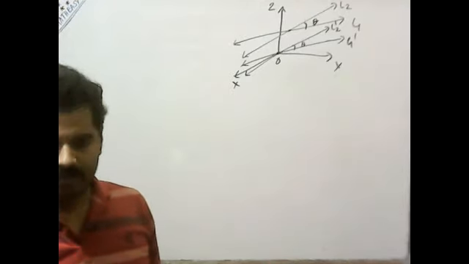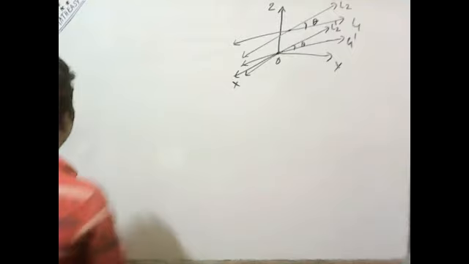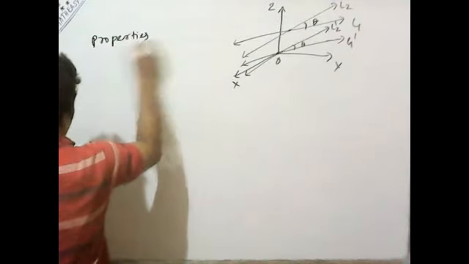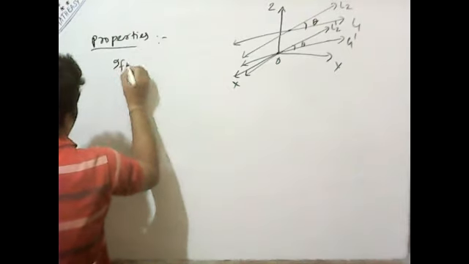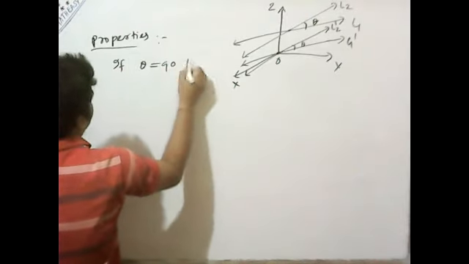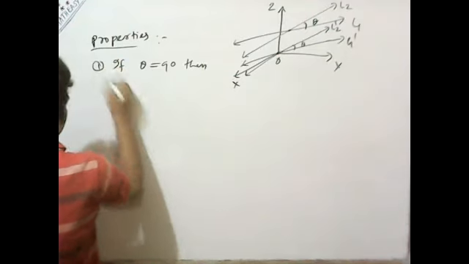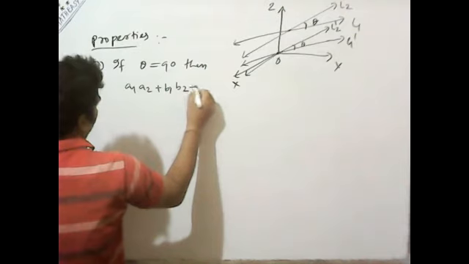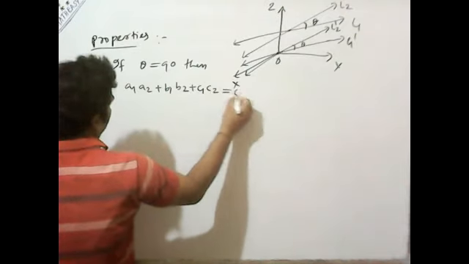Properties. If theta is 90 degrees, then A1 A2 plus B1 B2 plus C1 C2 equals 0.